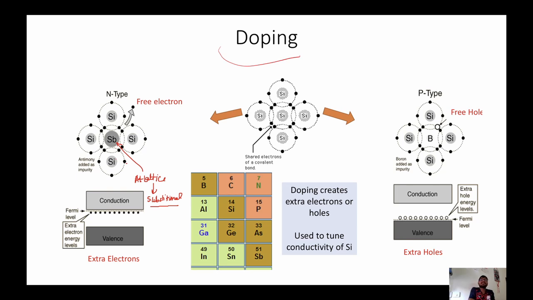Let us say these are group 3 elements, these are group 4 elements, and these are group 5 elements. In group 4, we have, let us say, silicon or germanium. We take the crystal of silicon or germanium.